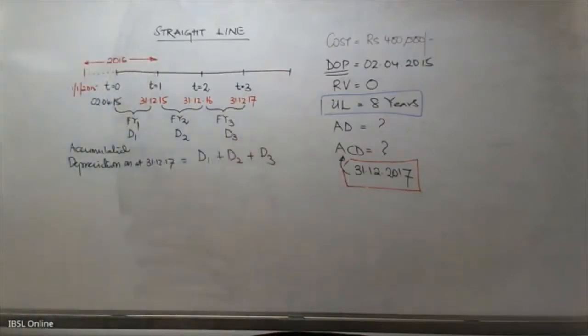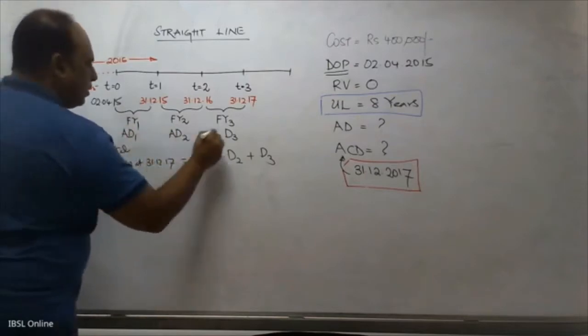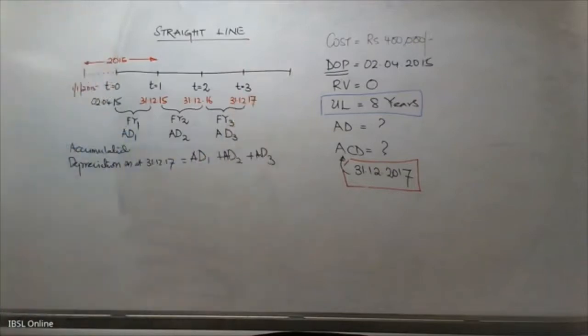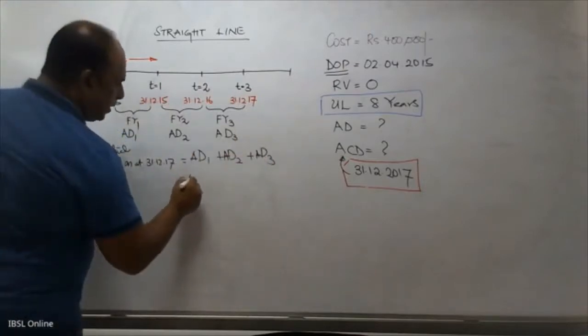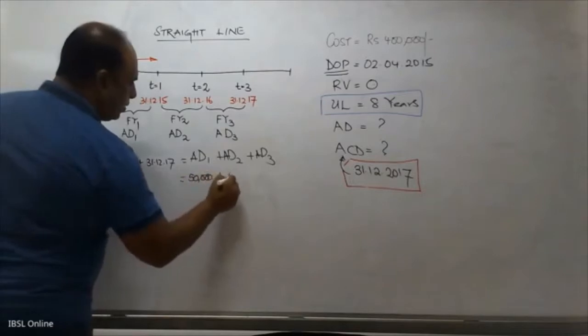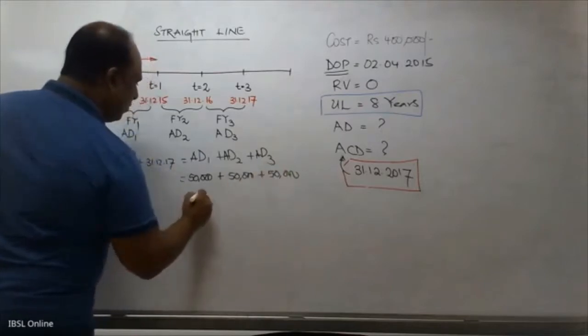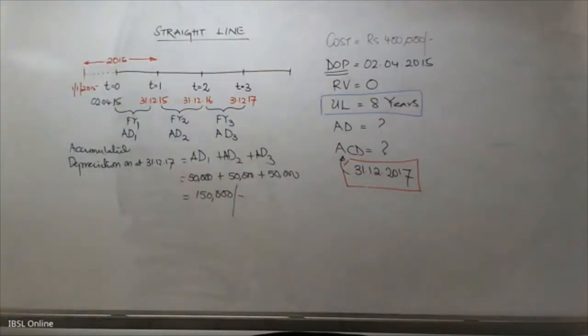I call it annual depreciation, then it will be easy for you. Annual depreciation you have already calculated. How much is it? 50,000 per year. 50,000 plus 50,000 plus 50,000 will give you 150,000. Is that clear with you all? If you have a question, please ask.